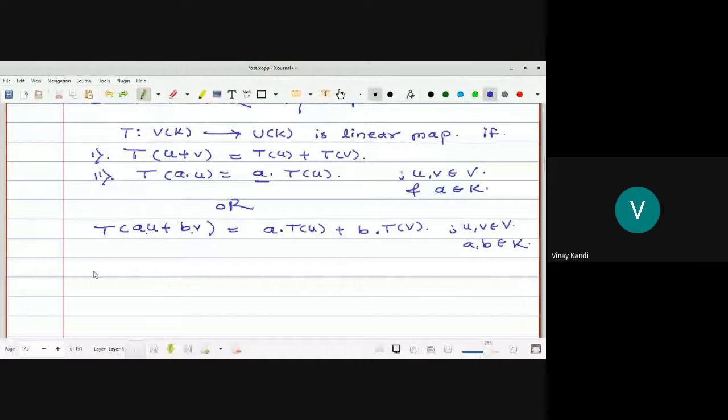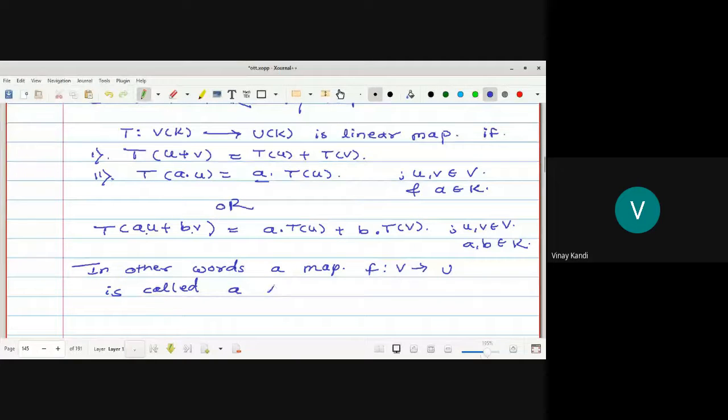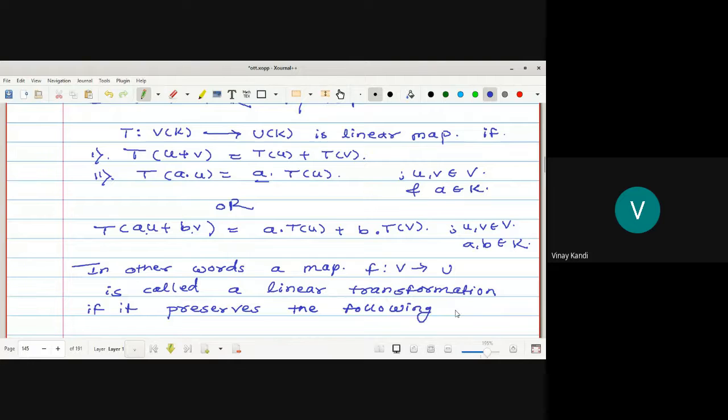Now, in other words, write down: a map F, suppose F is the mapping from V to U, is called a linear transformation if it preserves the following two basic operations on a vector space.